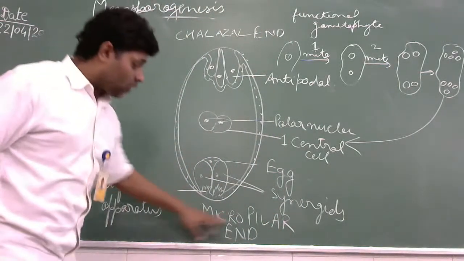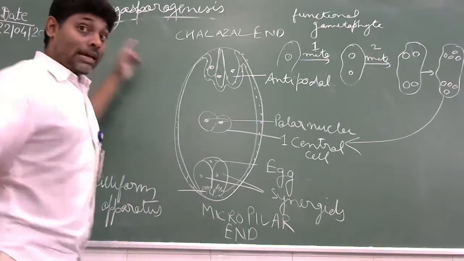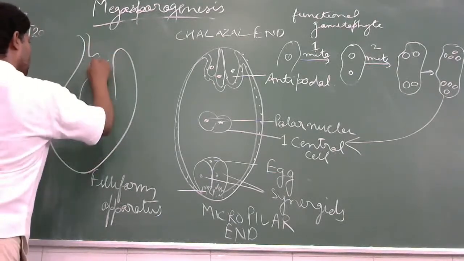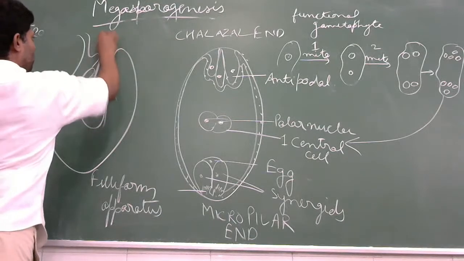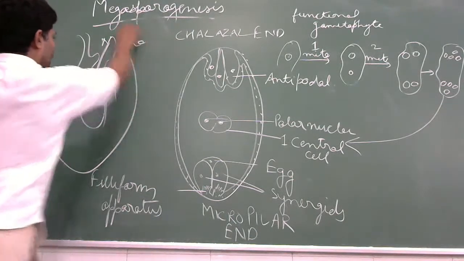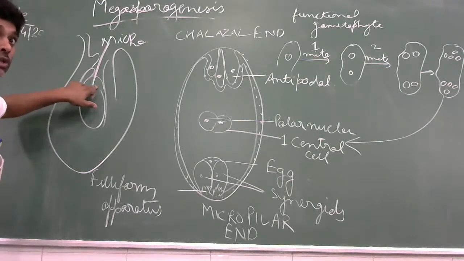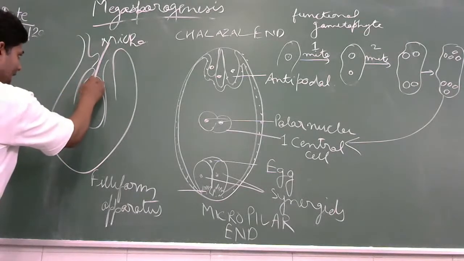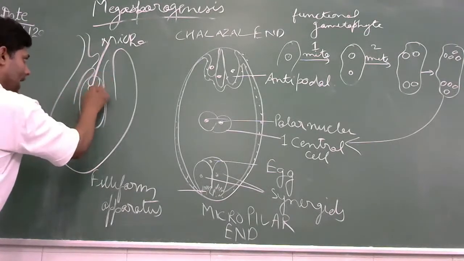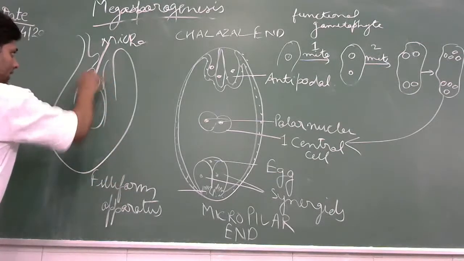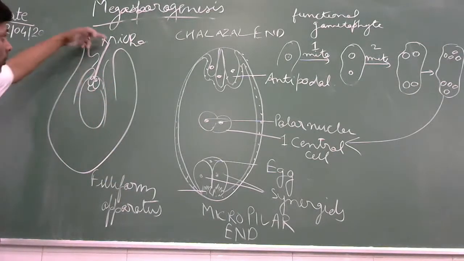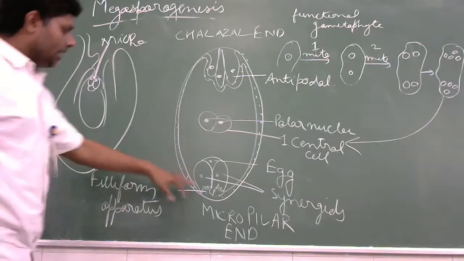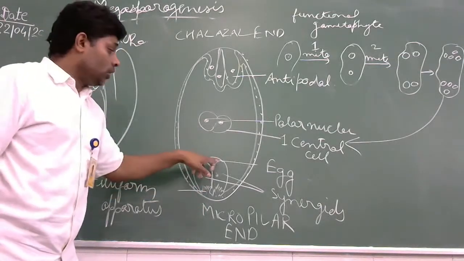As you know, this is the micropylar end, and I make the diagram. This is the micropyle, and I told you it has a single covering, so the pollen tube easily comes into that one, right? At this end it has the synergids and egg, and this filiform apparatus helps the pollen tube come near the egg. This is the function. It helps or guides the pollen tube to the egg.